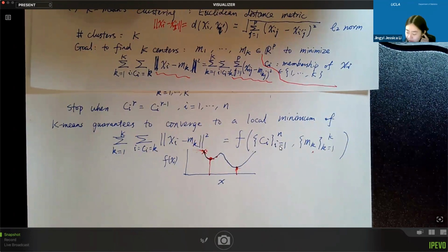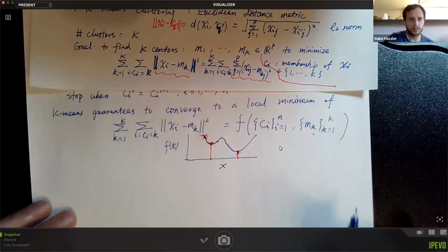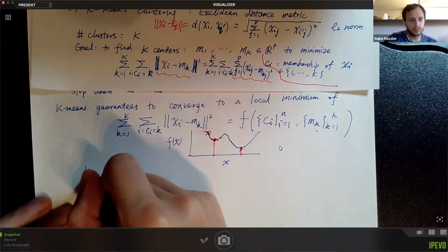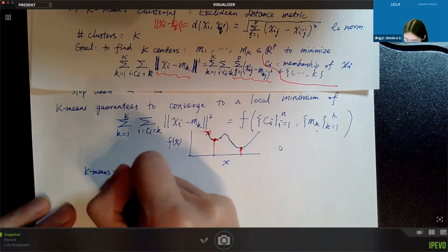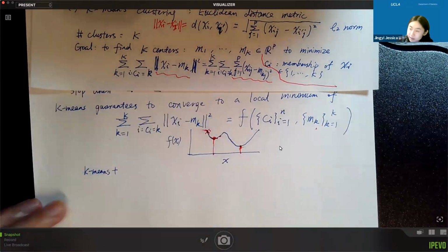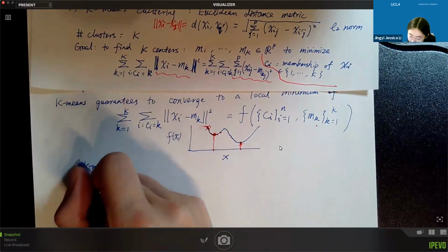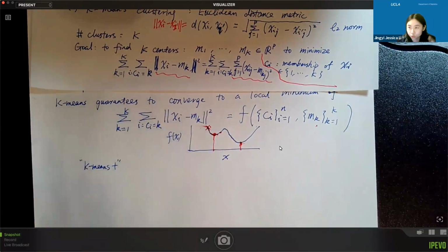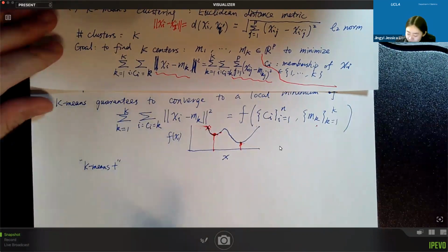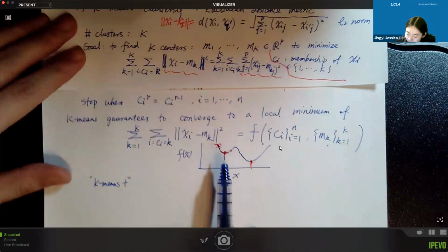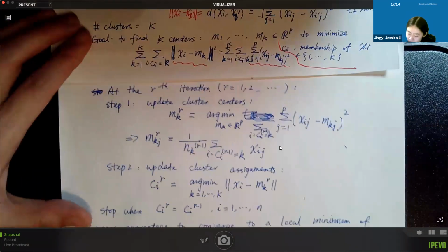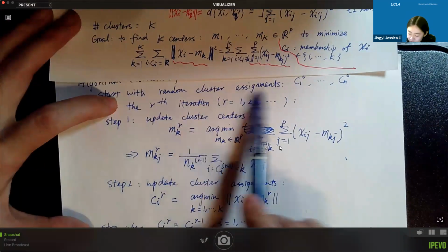And also there's an algorithm you can check out. There's a Wikipedia page for that. It's called k-means++. And k-means++ is a very popular algorithm for specifying the random initialization. So the intuition is that it's not doing random cluster assignment for initialization.